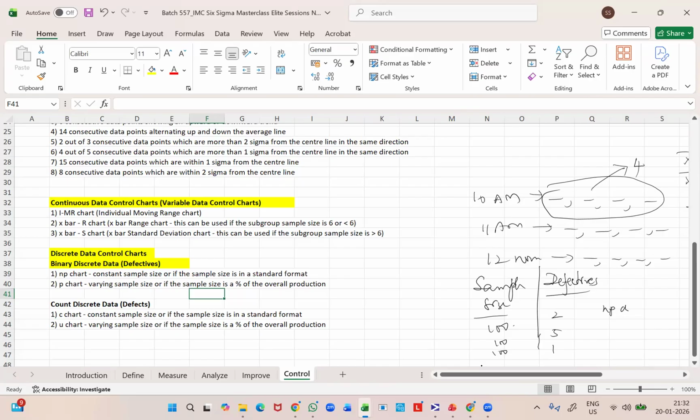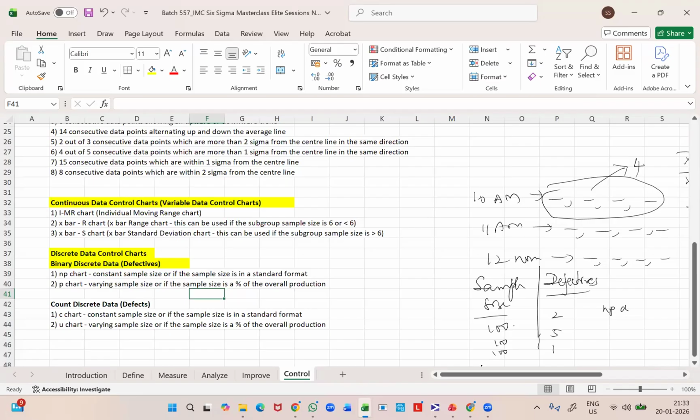But then in the case scenario that will be given in the question, it would be mentioned that the sample size is in a standard format for constant sample size. So they wouldn't have mentioned it as a constant sample size. They would have mentioned it as the sample size is in a standard format. So we need to understand that they're referring to a constant sample size.